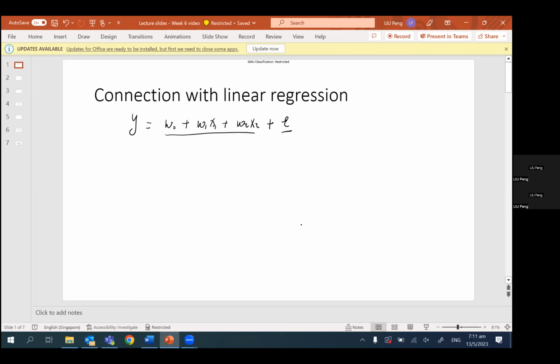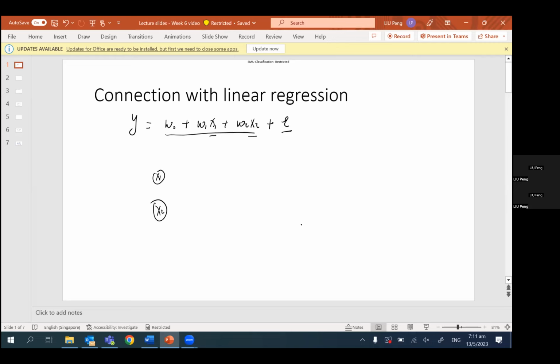So linear regression is simple because it is essentially a linear combination of the weights and the predictors, or the features. Now the connection is this: if we treat the two features as nodes in the neural network, a node for x1 and a node for x2, then they are essentially the same. We are just rearranging the calculations.